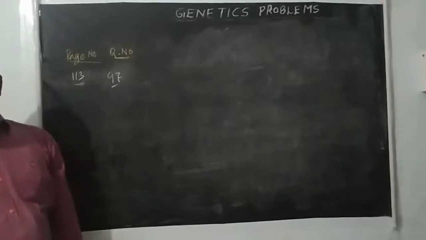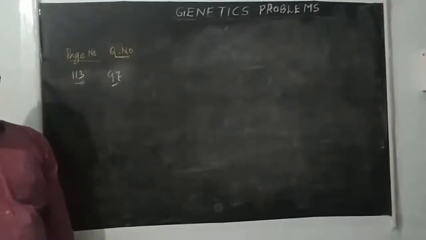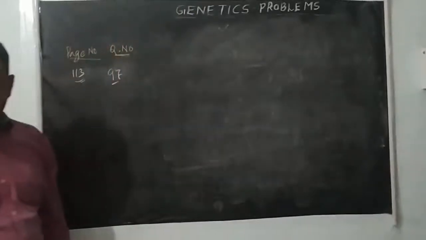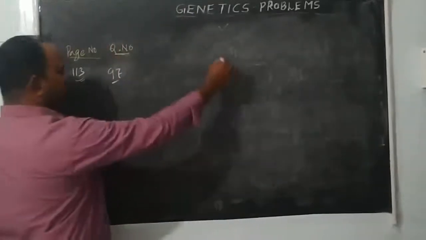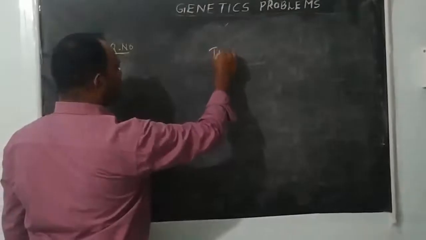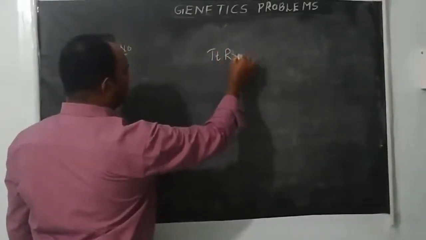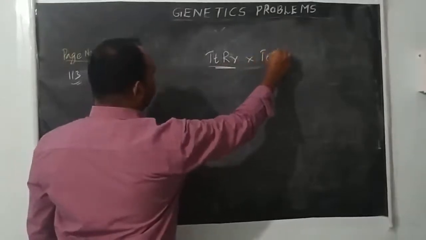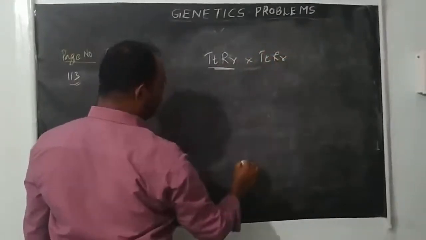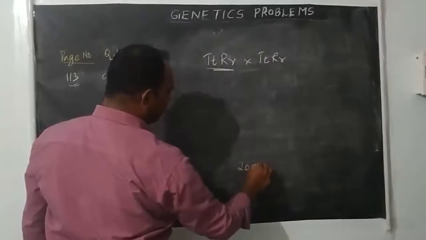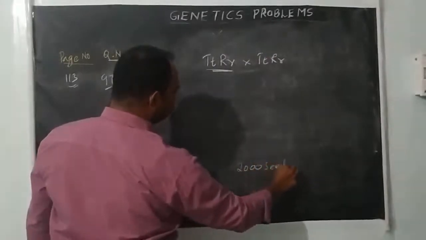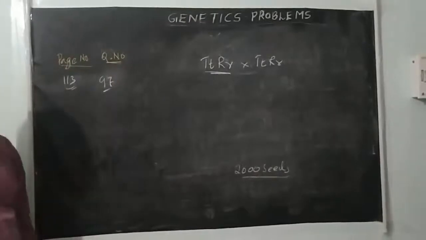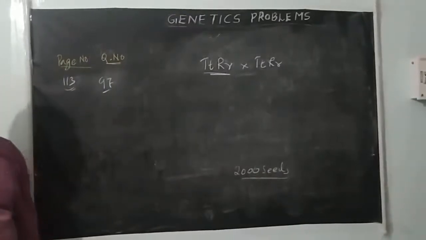What is the total number of seeds heterozygous for both? They are asking about heterozygous tall and red color flower on selfing. In that, out of the 2000 seeds collected, how many are heterozygous for both?